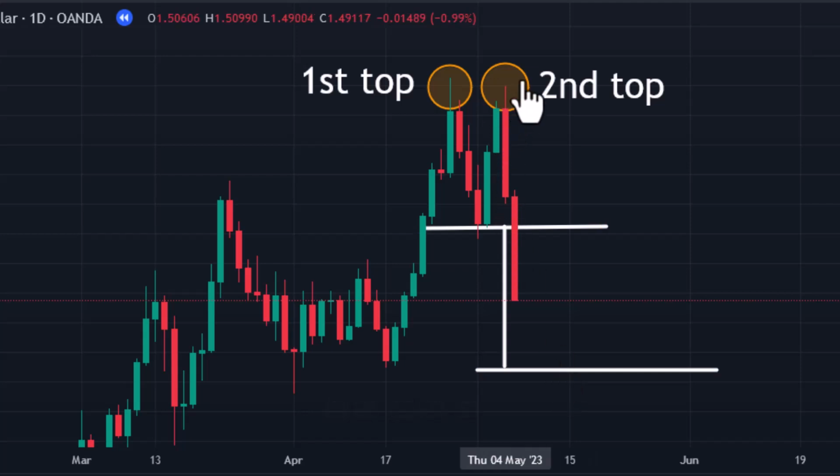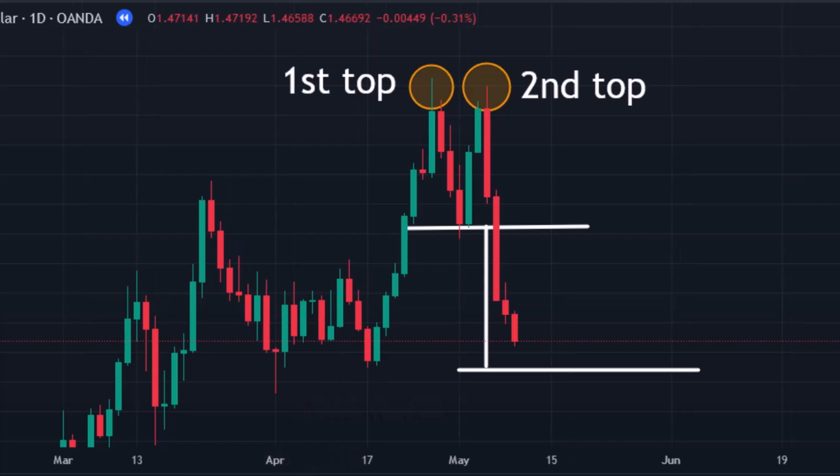So you place your stop loss in a reasonable place. So let's say we enter here and our target is here, and we wait for the market to play out.